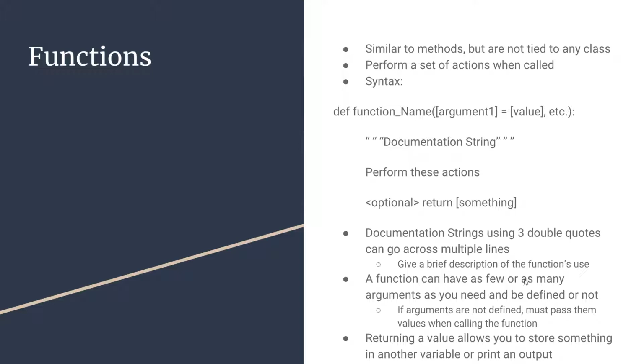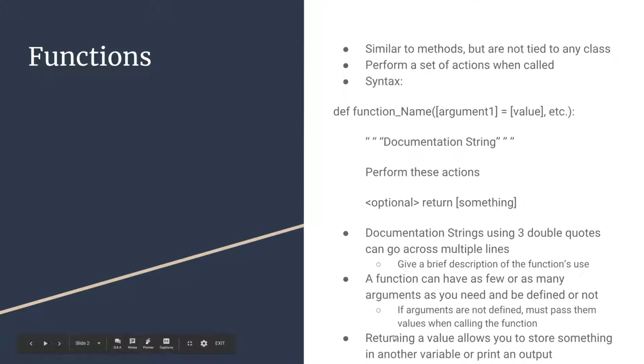If the arguments are not defined, then you have to pass them values when calling the function. So you have the option when you're creating the function to give it a default value. Here you see that we're assigning argument one to some value. You don't have to assign it to a value, but if you do, then that value will serve as the default value. And we'll look at some examples of that shortly.